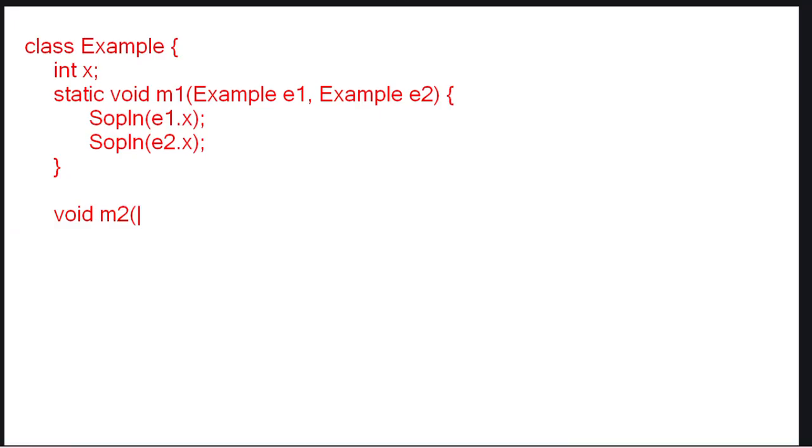How can we pass two objects of the example class to a non-static method of the example class?